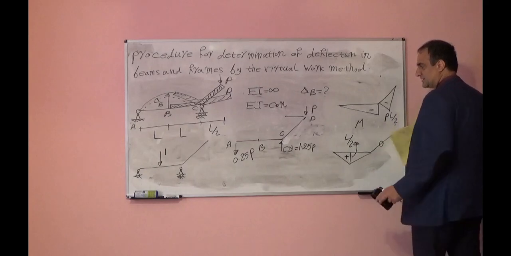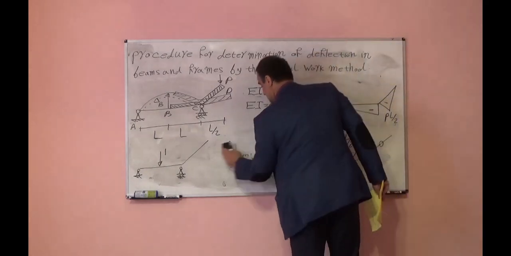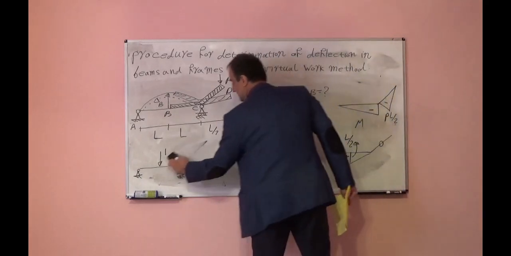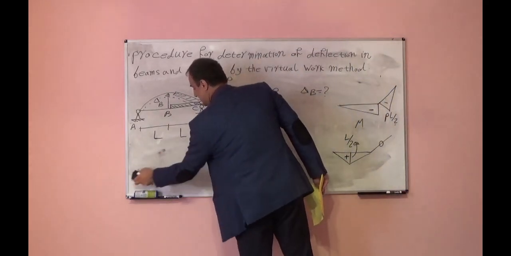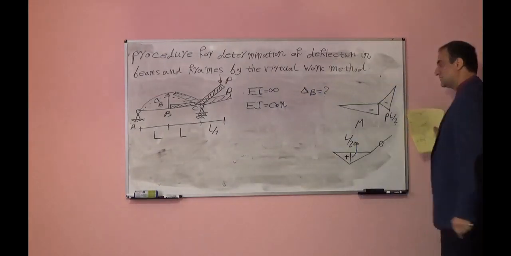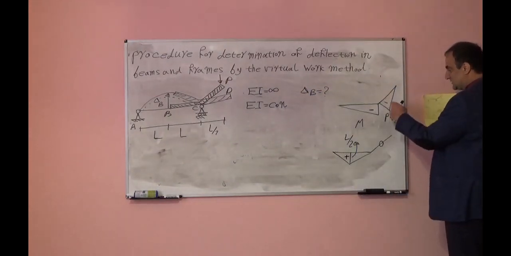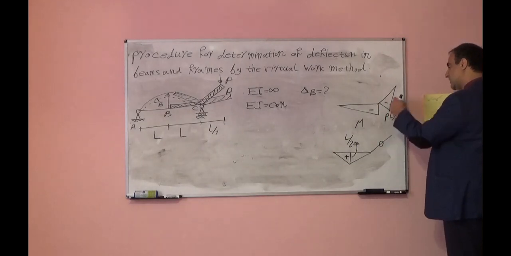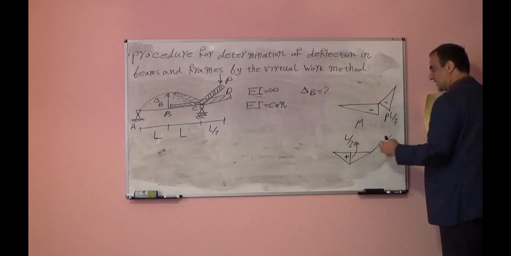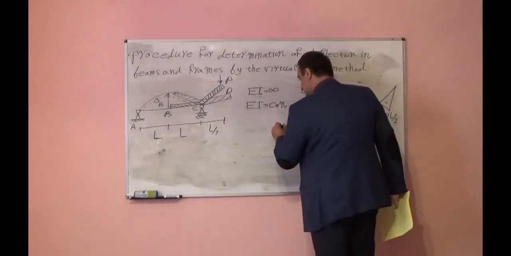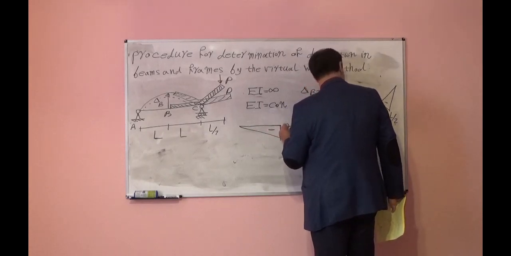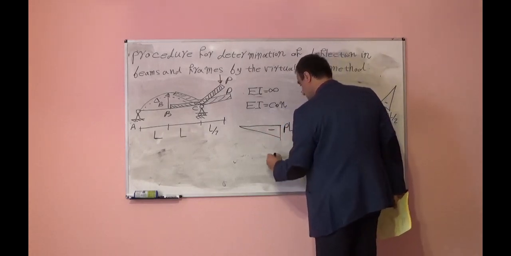In order to find delta B, we should take the virtual work integration table. If you look at that table, you will see for this part, this is moment, this is 0, 0 times moment is 0. So this part is not important. For this part, the moment under real load is negative PL over 2.